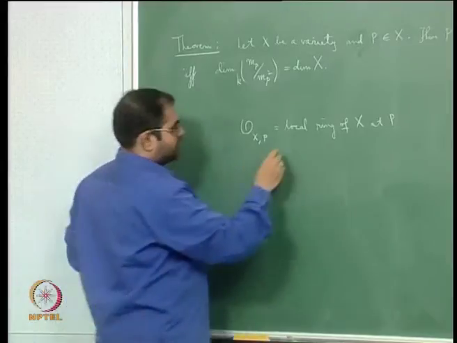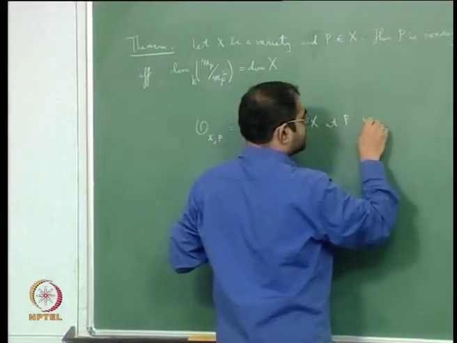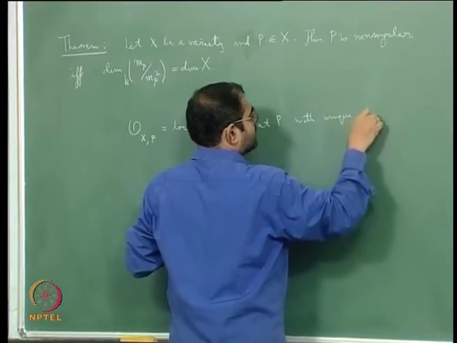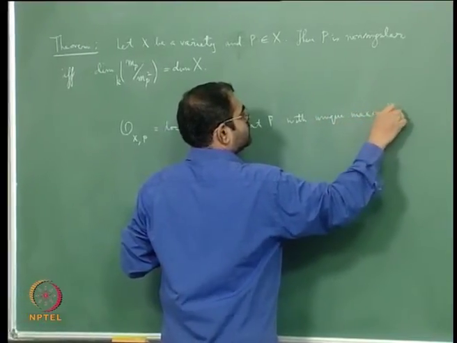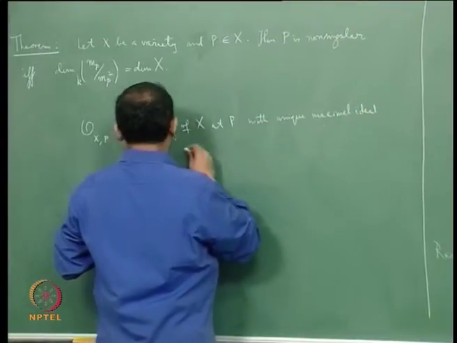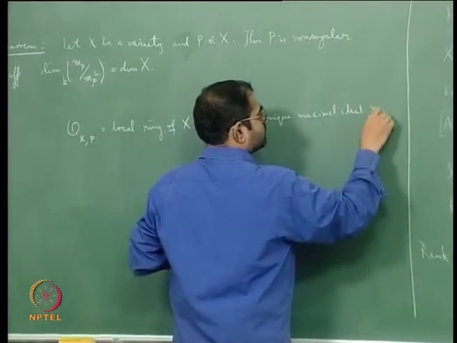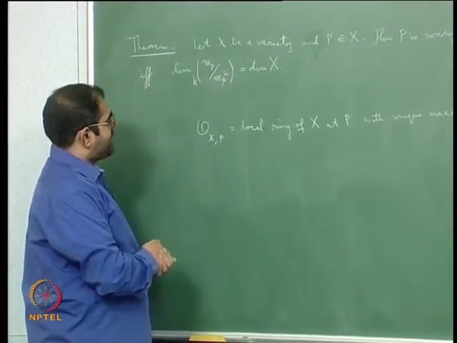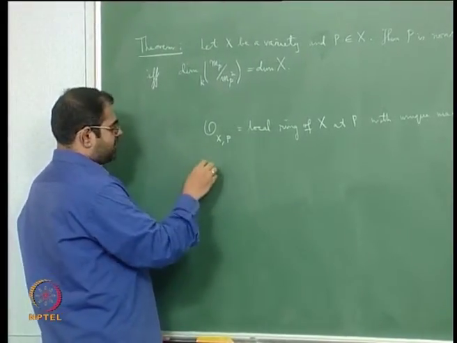Okay, so this is a local ring with unique maximal ideal MP, right.